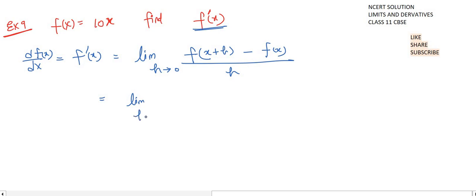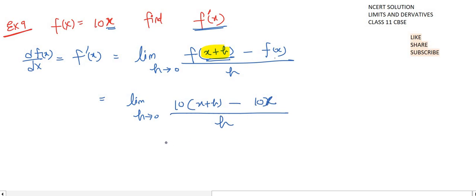So let me solve it. Limit h tending to 0. In the same function, we have to just replace x by x plus h. Correct? So let me write it down: tan of x plus h minus tan of x, by h, because this is f of x. f of x is tan x.